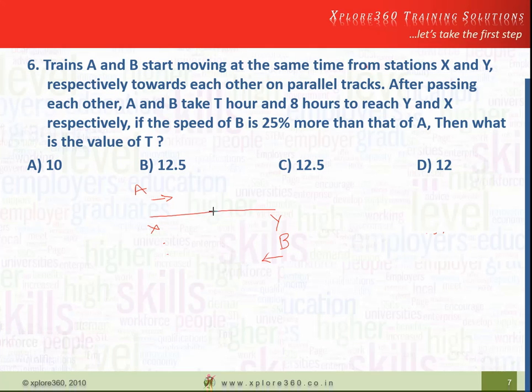After passing each other, maybe they pass each other here, right? Then the time is given. After passing each other, A takes T hours and B takes 8 hours. See, you have to apply the straight away formula VA upon VB equals root under of TB upon TA, right?